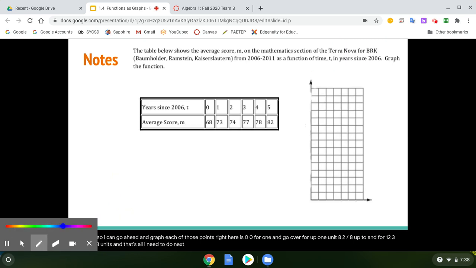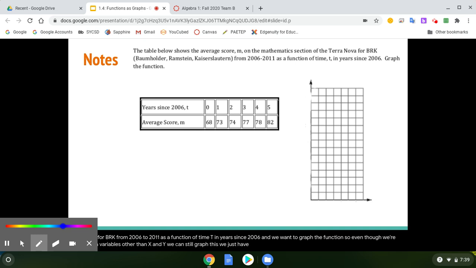In this next example, the table below shows the average score M on the mathematics section of the Terra Nova for BRK from 2006 to 2011 as a function of time t in years since 2006, and we want to graph the function. So even though we're being given variables other than x and y, we can still graph this.